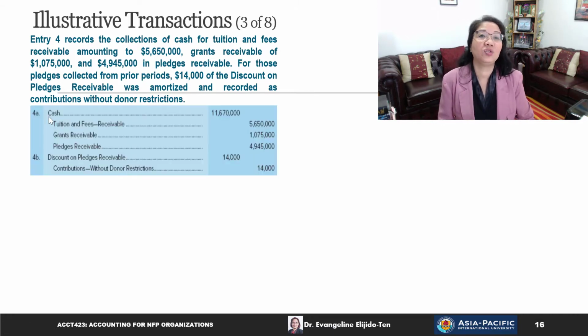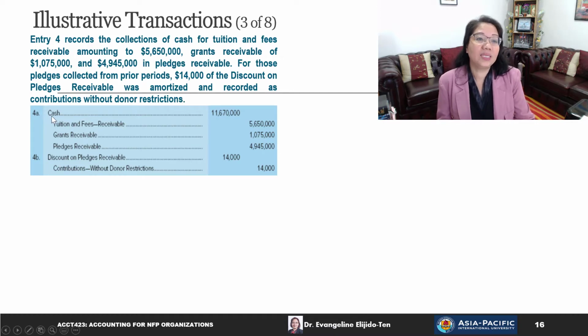So our journal entry 4A will debit cash for the total amount of all these figures: $5.65 million, $1,075,000, $4,945,000. So the total of those three figures is $11,670,000. And our credit would be to tuition and fees receivable for $5,650,000, grants receivable for $1,075,000, and pledges receivable for $4,945,000.